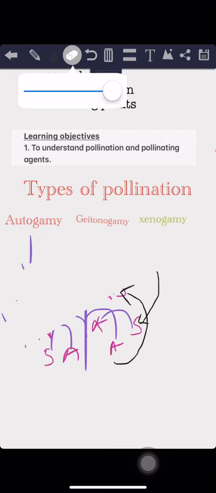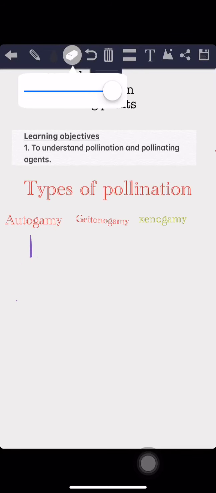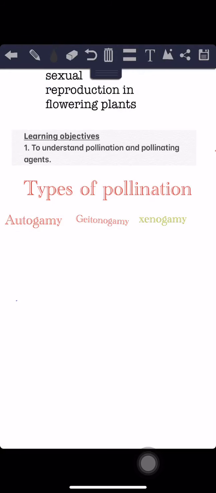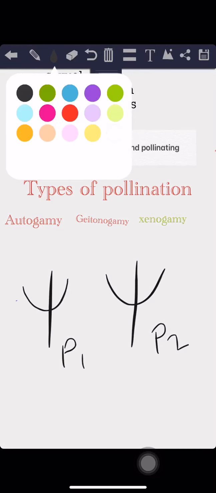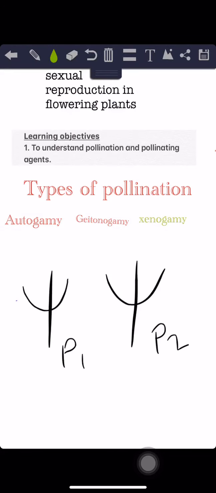Similarly, if we see for xenogamy, I hope you all are clear with autogamy and geitonogamy. In xenogamy, there is one plant, this is another plant. This is P1 and this is P2. And over here, this is stigma, this is anther.